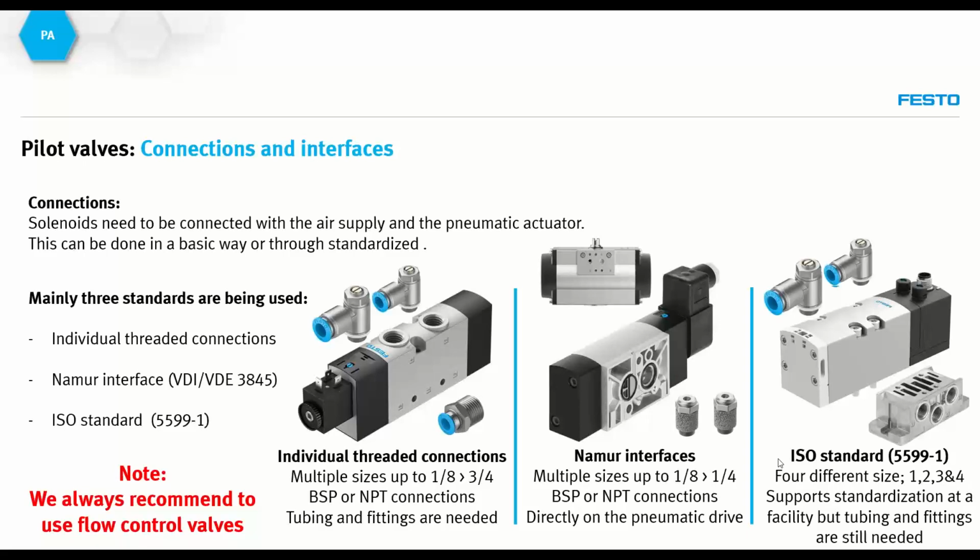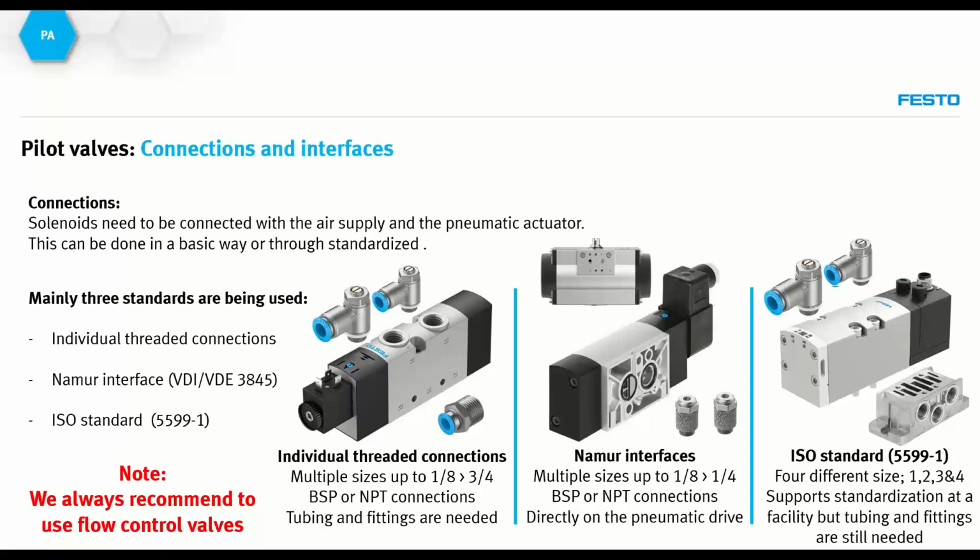One comment with this, because we know we are mainly talking about direct links, we always recommend to use flow control valves. Flow control valves, for example, a push-in design or an inline design for the NAMUR interfaces, these valves allow for a proper airflow for the return ports, which is crucial to control the opening and closing speed of the pneumatic actuator.